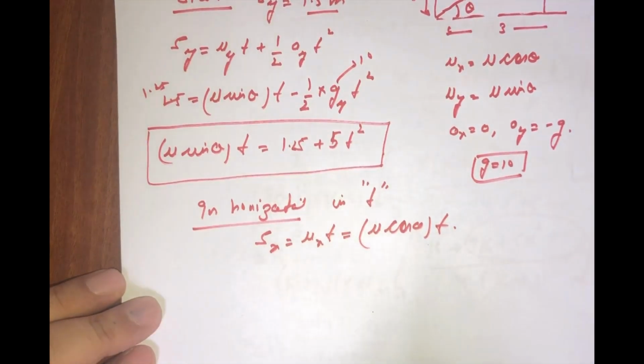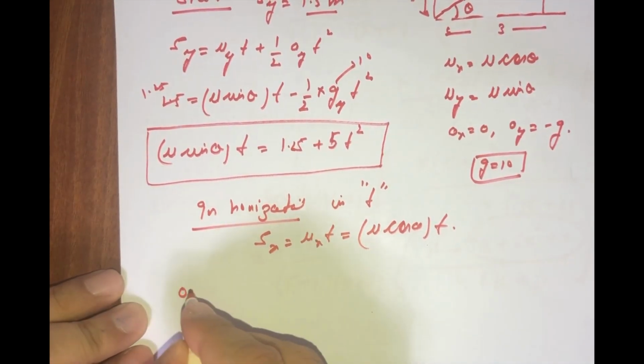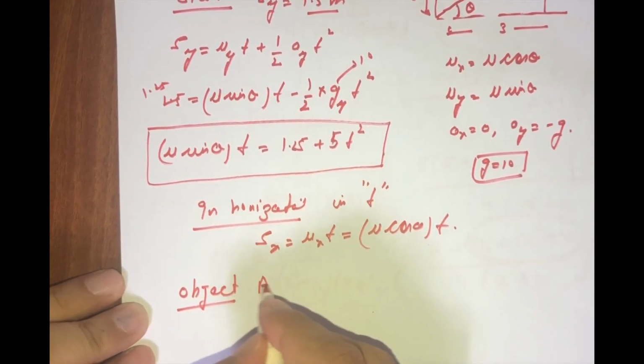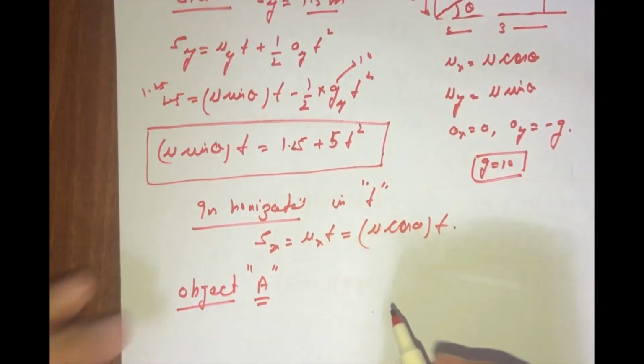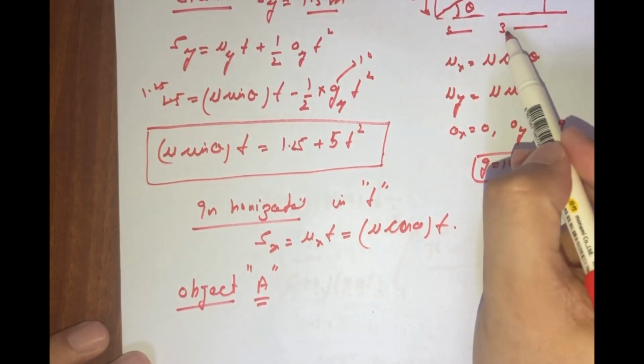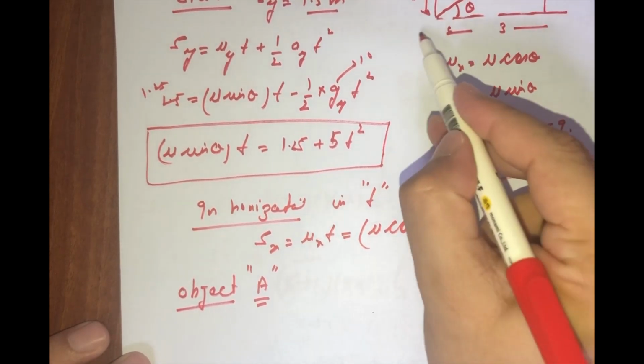Now we concentrate on the object, object A. Now object A is already at a distance of 3 meters from the origin.